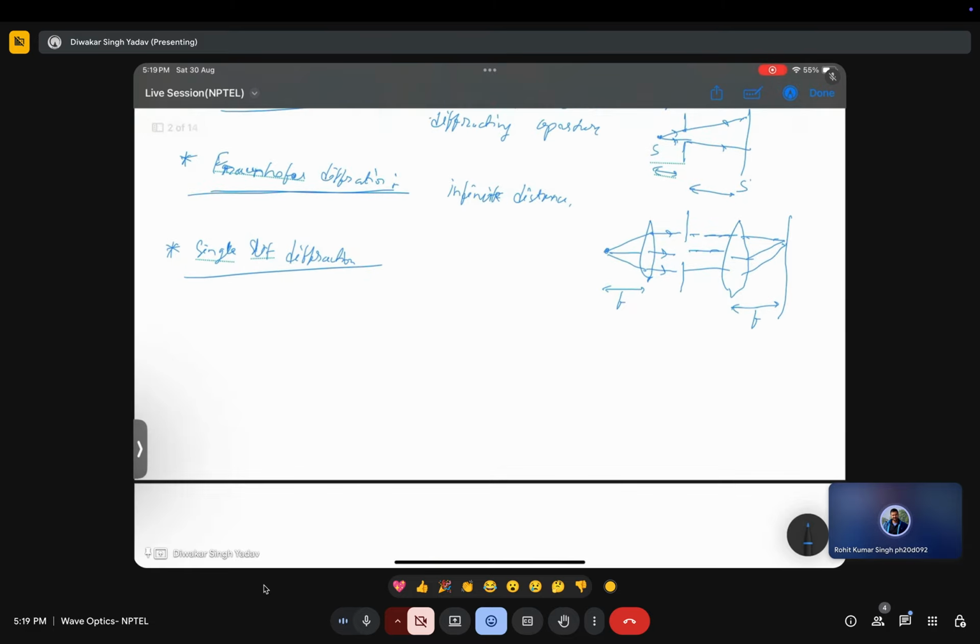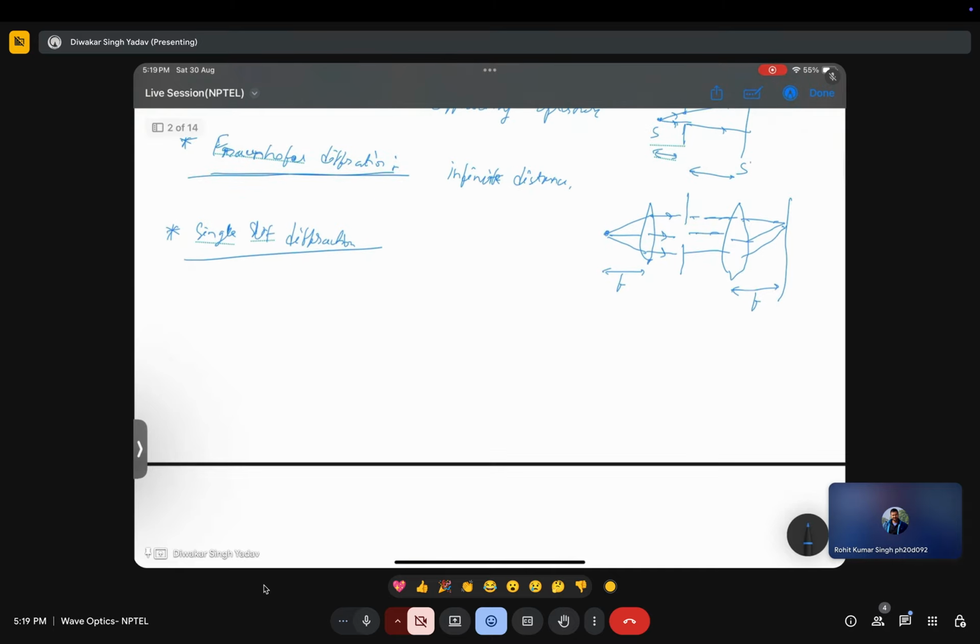Let me draw a schematic diagram. This one is your slit, and this width is your slit width. This other dimension is considered to be very long, greater than b.